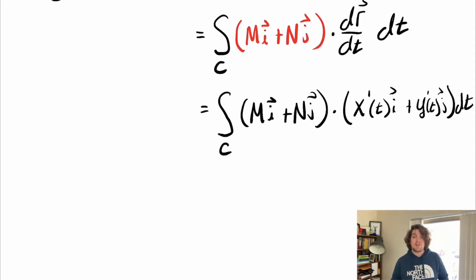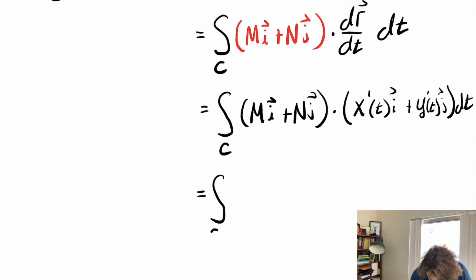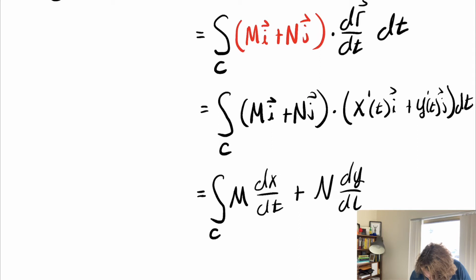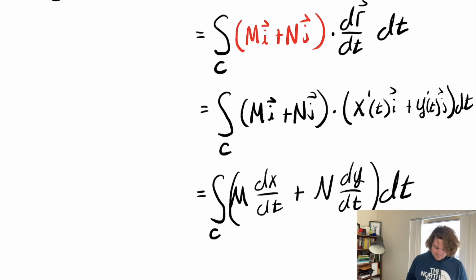Now if we compute this dot product, what we're left with is the integral over our curve C of m times x prime, which I can write as dx dt, plus n times y prime, which I can write as dy dt, and both of these are now being multiplied by dt.